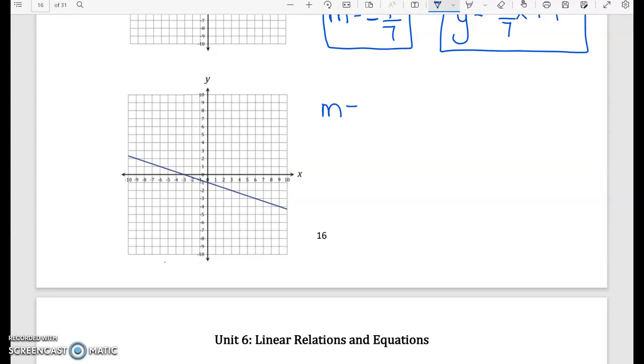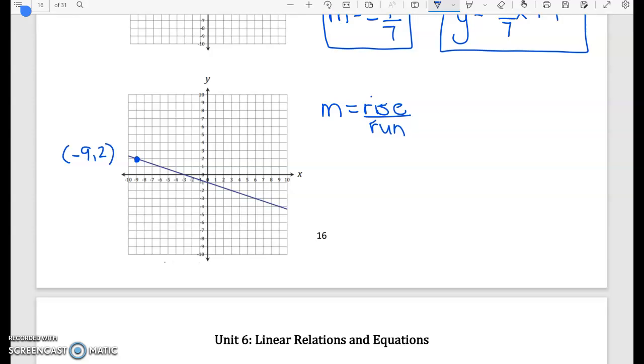So we know that our slope is our rise over run. Now, each of you may have picked some different coordinates to work with, and that's okay. Our slope should be the same no matter what coordinates we selected to work with. So I'm going to pick this point over here, which I know is at -9 and 2.